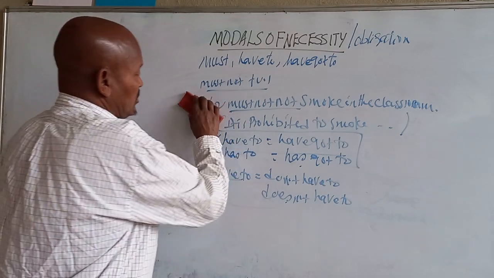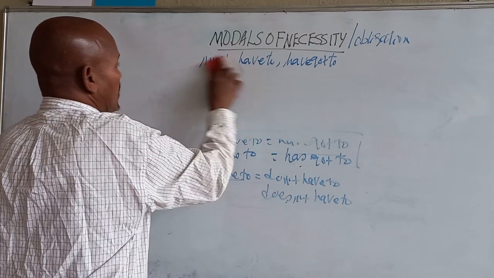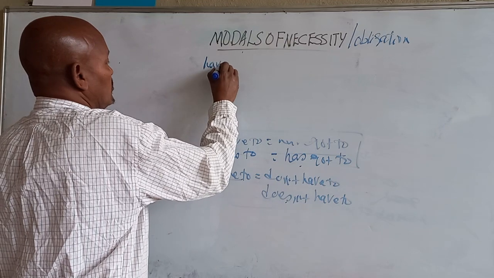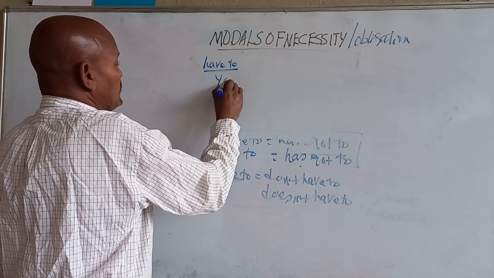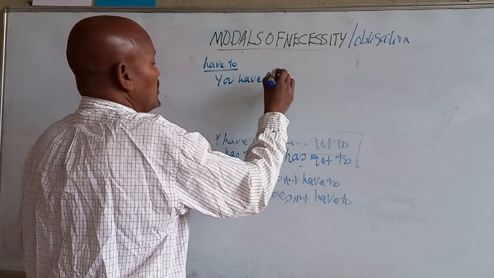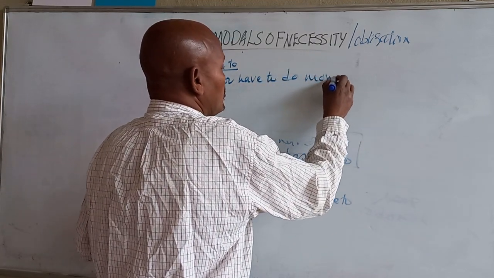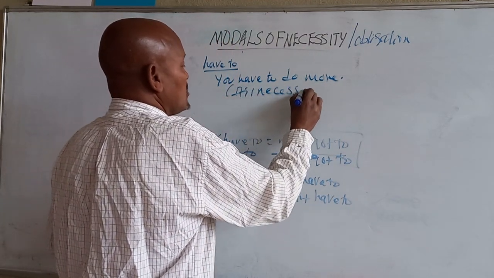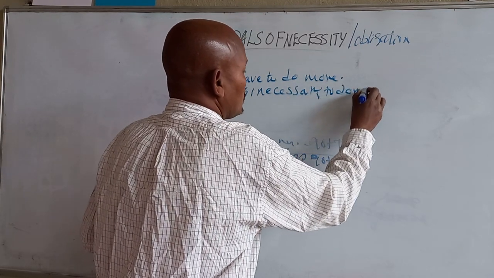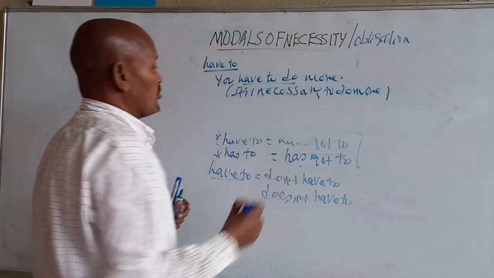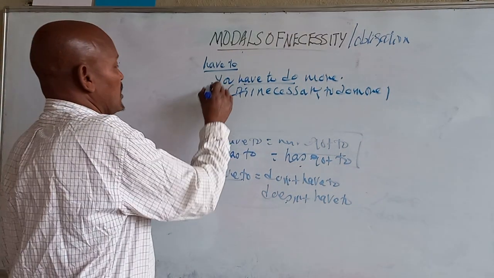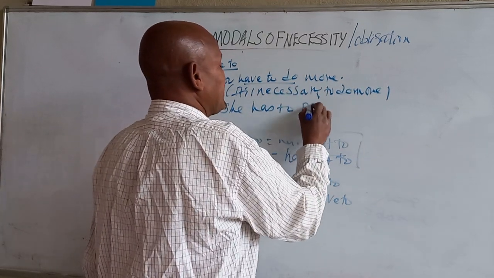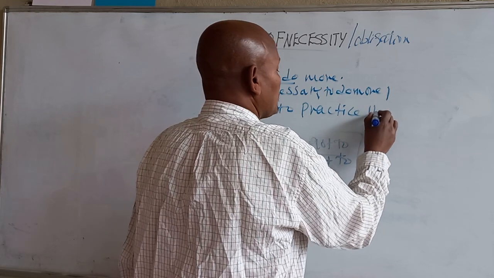Let me give you some examples. Have to: you have to do more. It's necessary to do more. Or she has to practice the exercise.